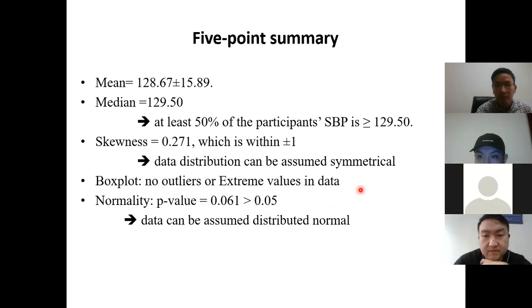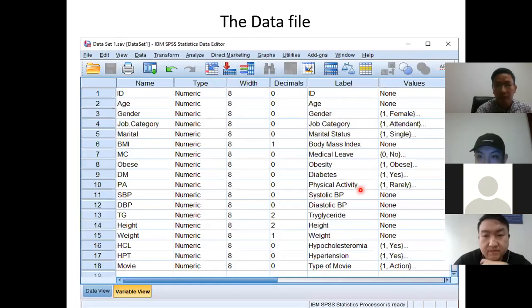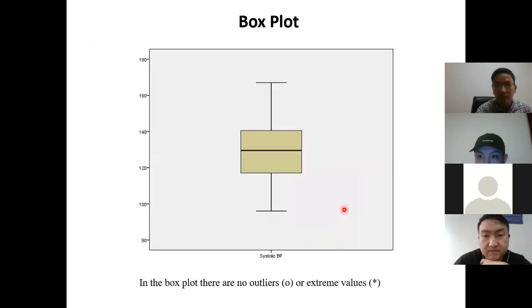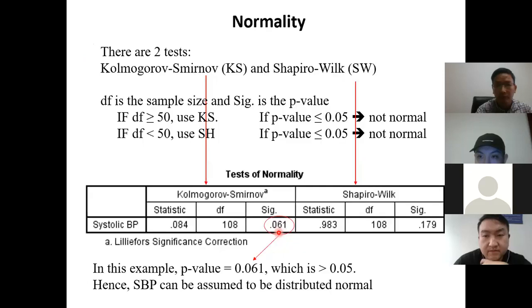So all the 5-point summary they're getting from this output. Here we take mean, standard deviation, and skewness. From this, you can see no outliers or extreme values. And from here, you can see data can be distributed normal.